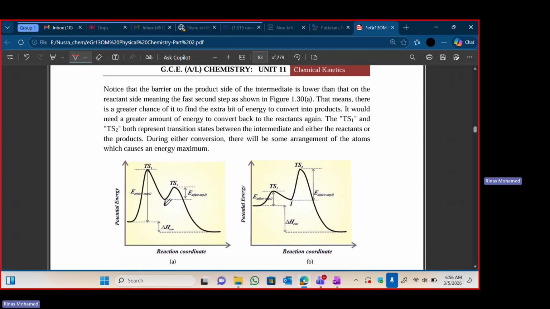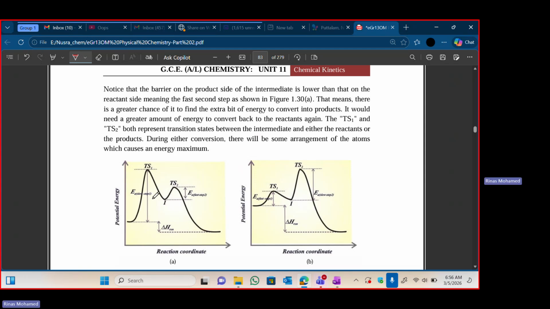Then the intermediate is converted into product by another activation energy. That means EA forward 2. EA forward 2 means the energy difference between the intermediate and TS2, right?